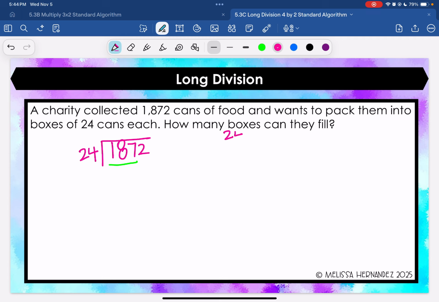So you'll just do repeated addition. I'm going to keep going.